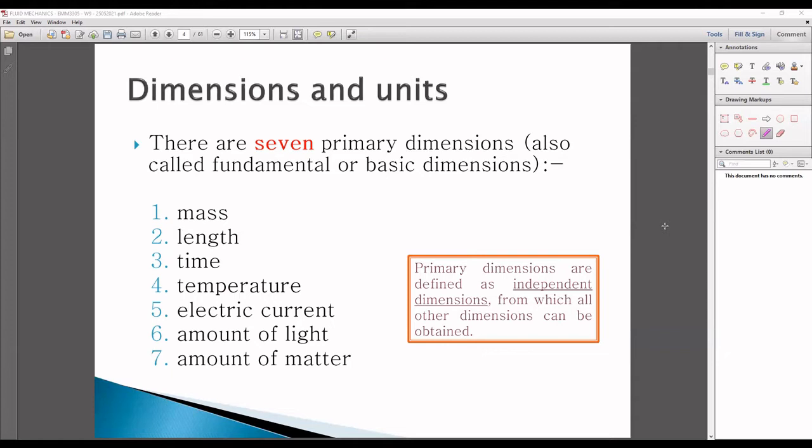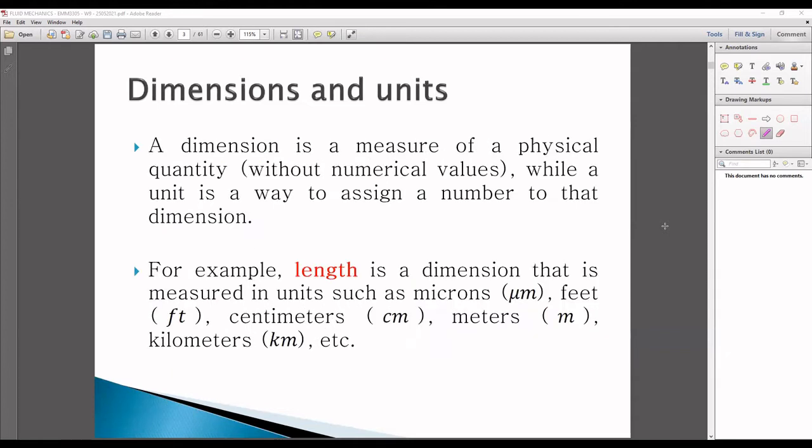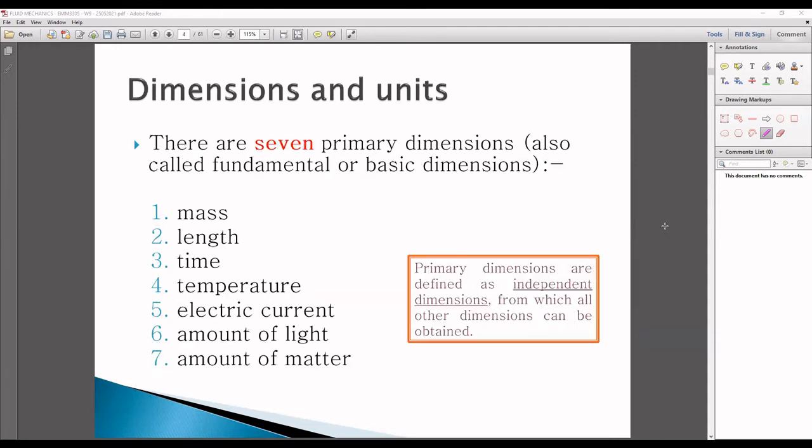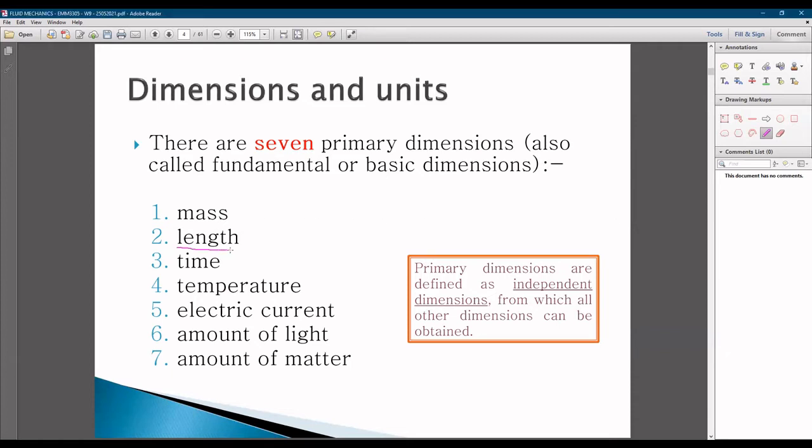Okay, when you are talking about speed or velocity, the unit is meter per second, where meter is length and second is time, right?